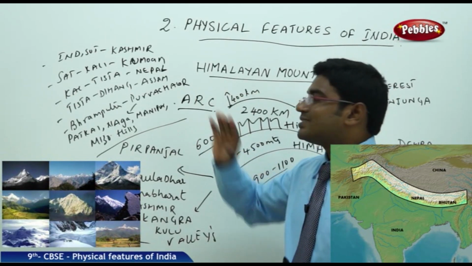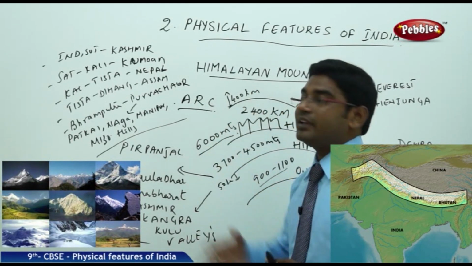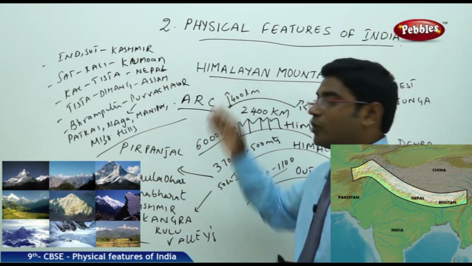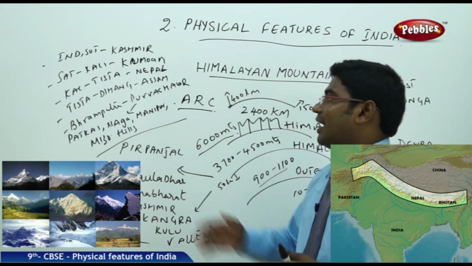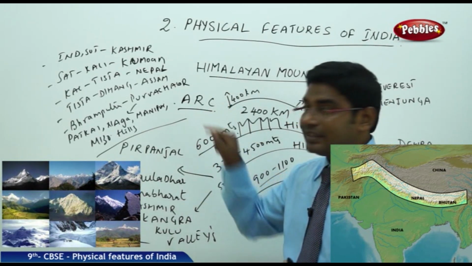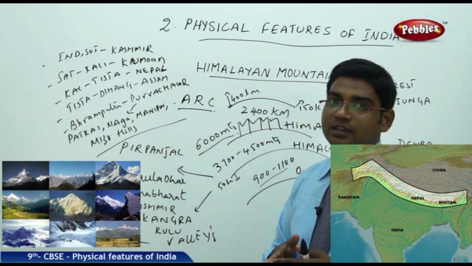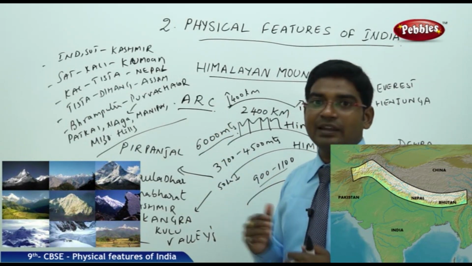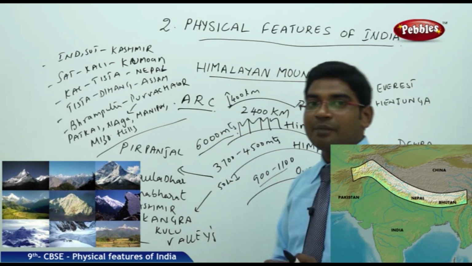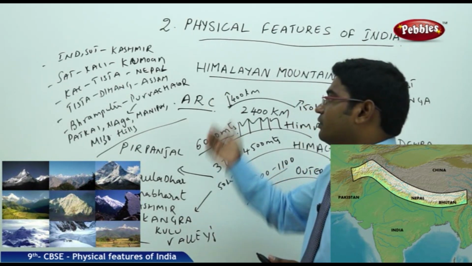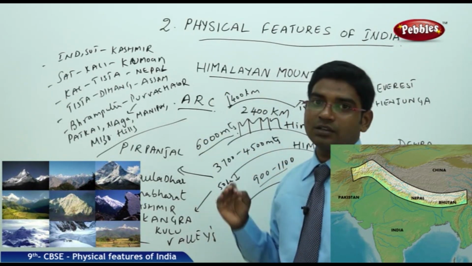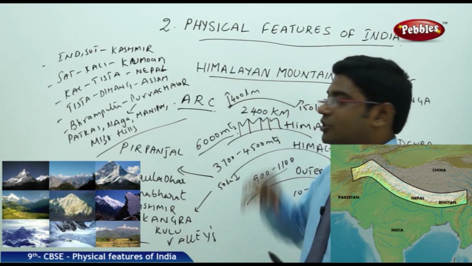The region between Satluj and Kali Lake is known as the Kumaon Himalaya region, and the region between Kali Lake and Tista Lake does not lie in Indian land, so it comes under the Nepal Himalayan region. Then from Tista to Dihang is known as the Assam region.